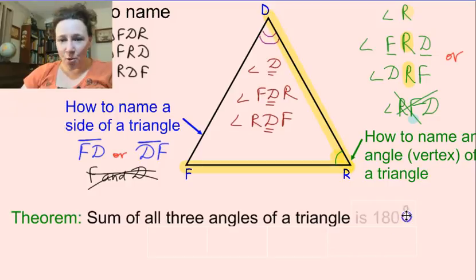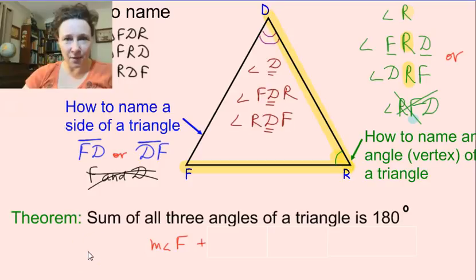It is always 180 degrees, but I would like to make sure that everybody knows how to write this fact, not in words, but sort of in a short way, kind of in symbols. So to do that, we will use this notation. Take a look.